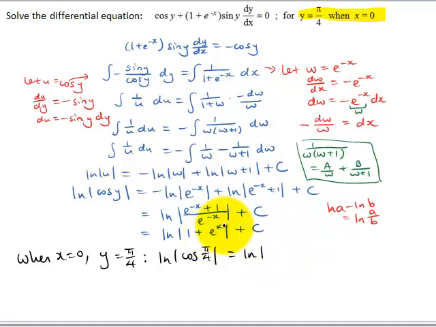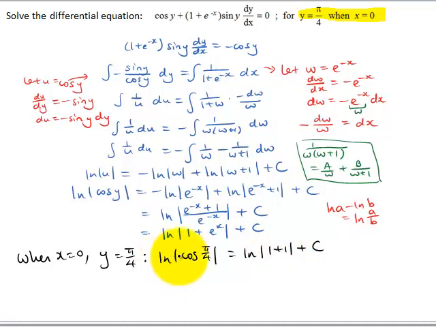So exponential of 0 is another 1. So cos pi by 4 is 1 over root 2. And I have ln 2, which gives me c.